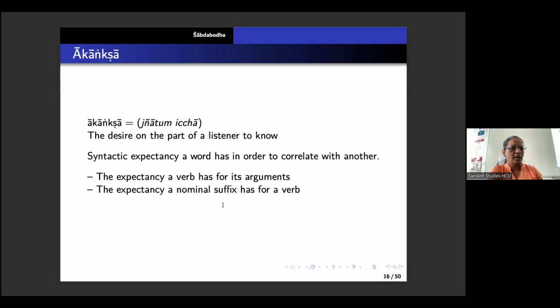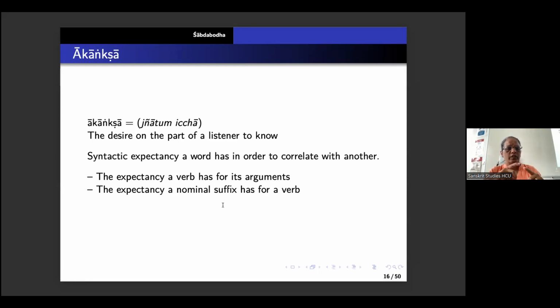So here by ākāṅkṣā, we are not talking about expectancies such as what color cow, and whether the cow should be a small one or a big one. Those are psychological expectancies, which we are not talking about here.